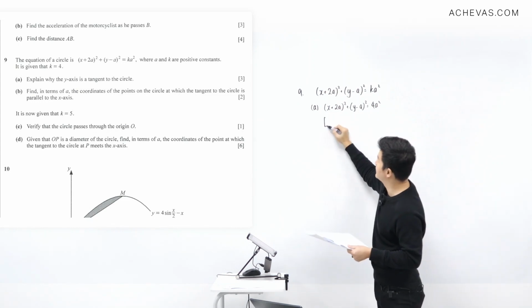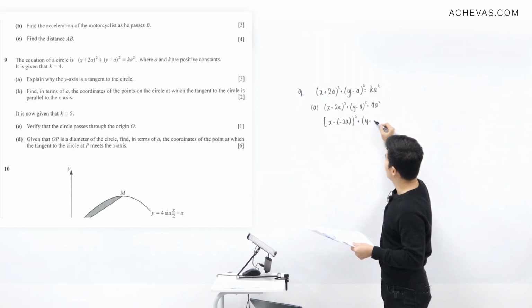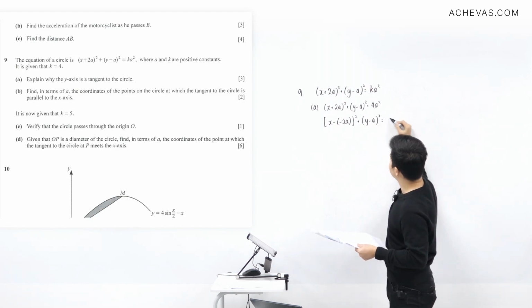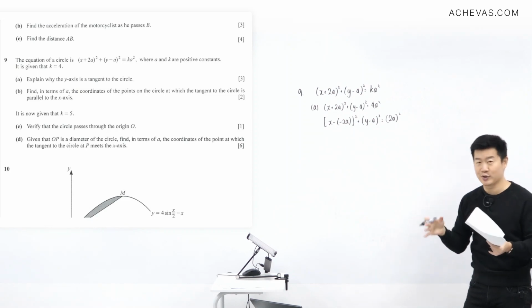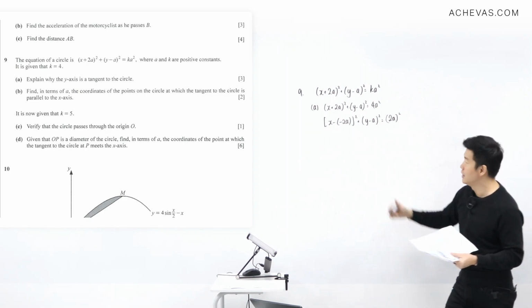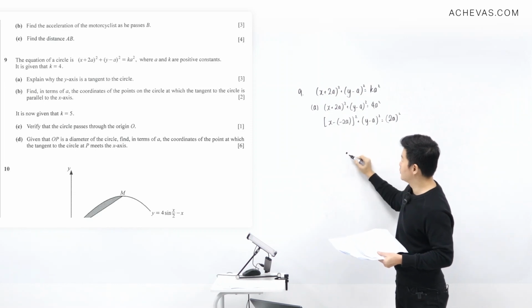I'm going to rewrite this as (x − (−2a))² + (y − a)² = (2a)². So if I look at this equation, which represents the equation of a circle, this circle has a center at (−2a, a).